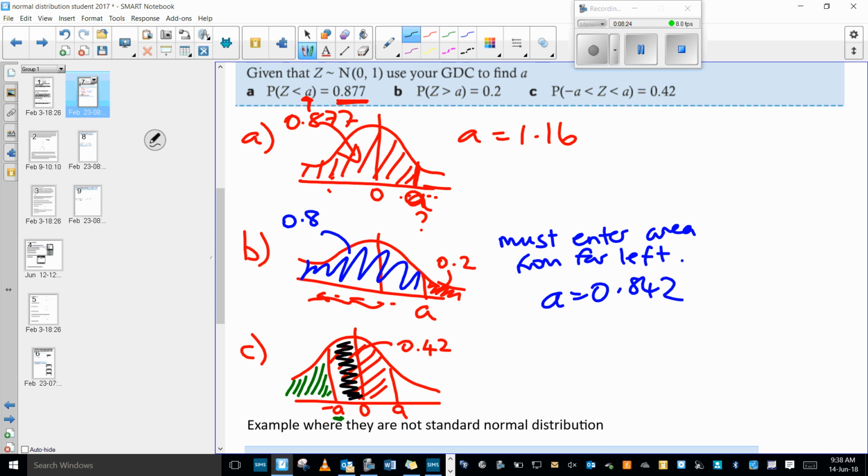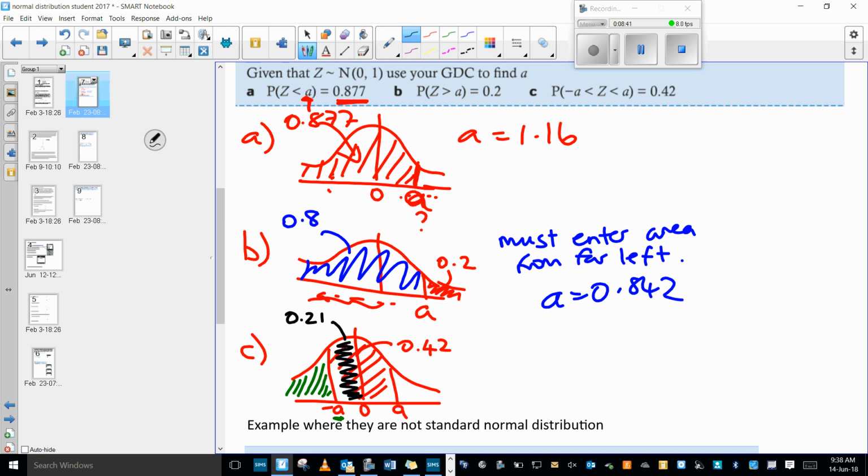0.21. Why is it 0.21? Because it's half of that. And then if I wanted to find the green, how am I going to do that? What am I going to subtract it from?